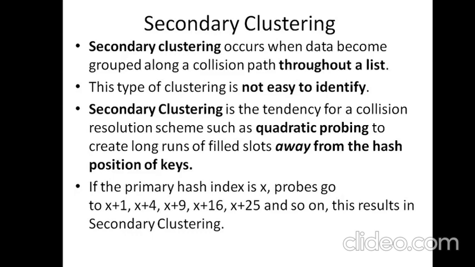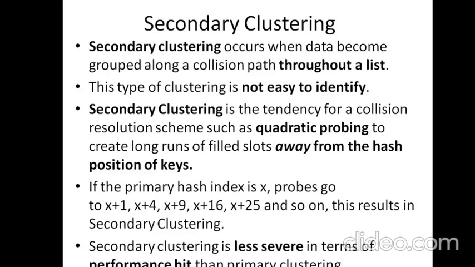So you can see clearly that there is a gap. X plus 1 is the resolution address for the first collision. X plus 4 is the resolution address for the second, then x plus 9, x plus 16 and 25. So they are going to be distributed across the list, not stored adjacently or together around the home address.